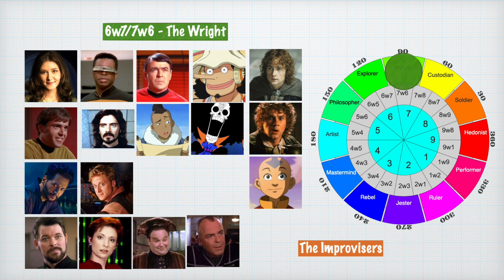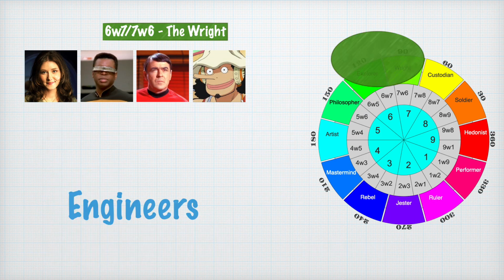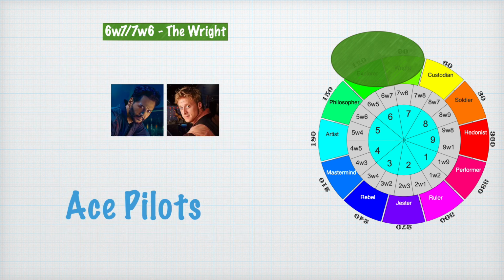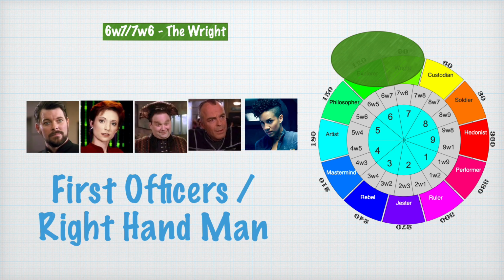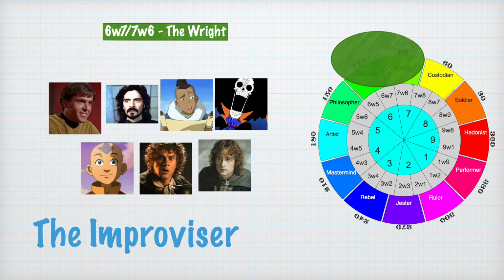Rights are our improvisers. The engineers, notice how almost all of our ship's engineers are right here. Our ace pilots, we've got our first officers, our right-hand men, and a lot of characters that were just, I have a plan, but they had to make it up on the spot.